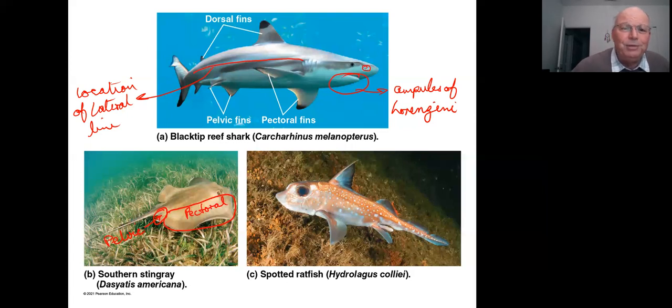Yes, they're predatory, but they feed on the smallest animals in the ocean, the krill, the little shrimp that make up the krill. And so the largest fish feed on the smallest animals. Kind of ironic there.